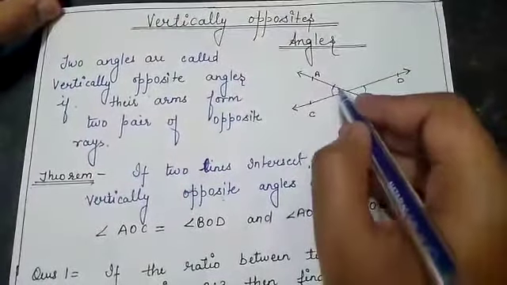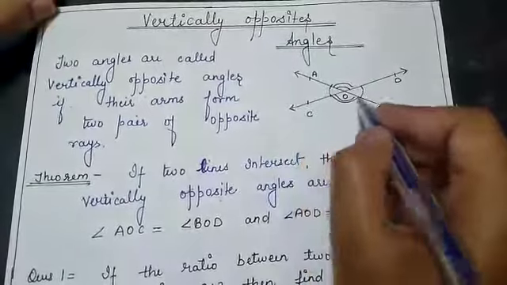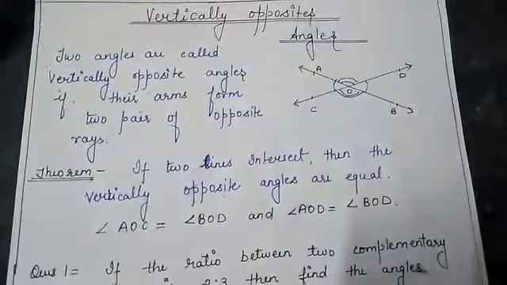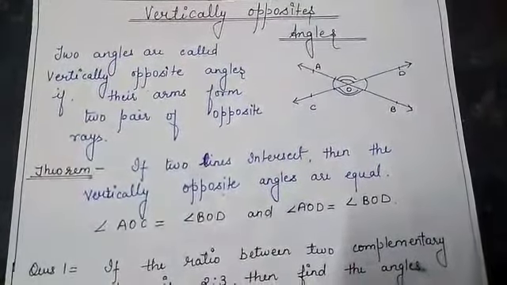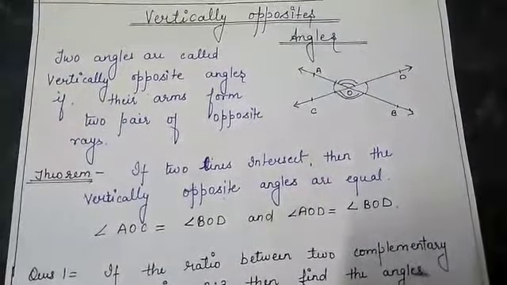Similarly, this angle and this angle are also equal because they are vertically opposite angles. So angle AOC is equal to angle BOD, and angle AOD is equal to angle BOC.